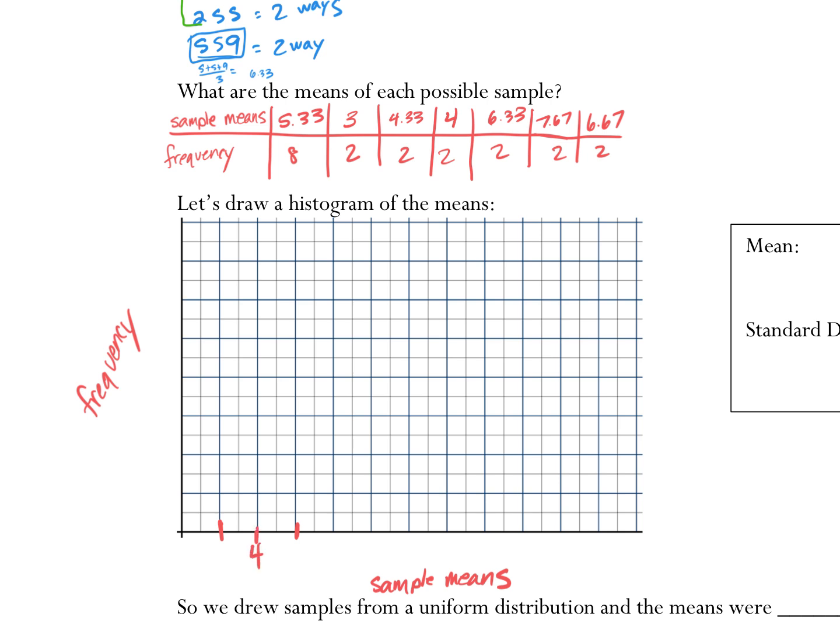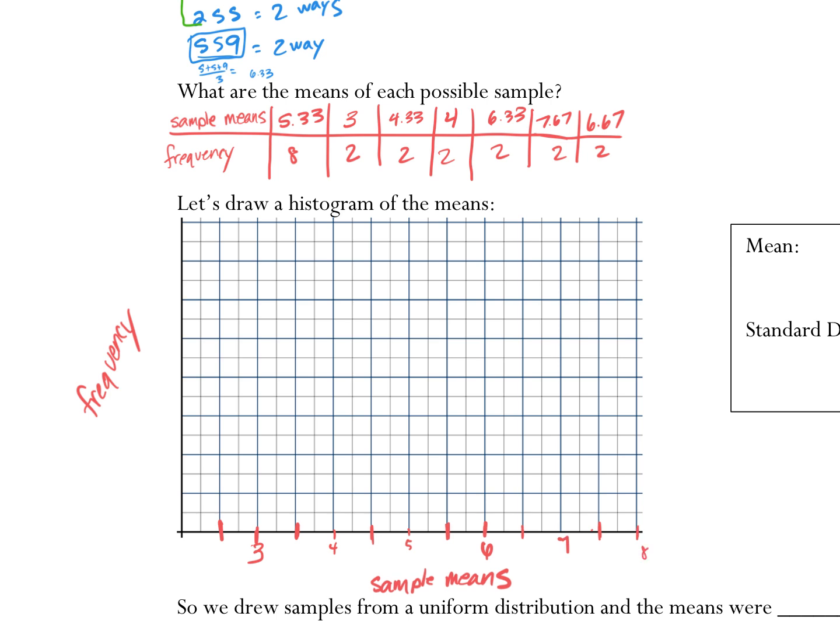So what is the frequency? Oh, wait, I lied. 3, because we have a 3. And then this will be 4. This will be 5, 6, 7, 8.